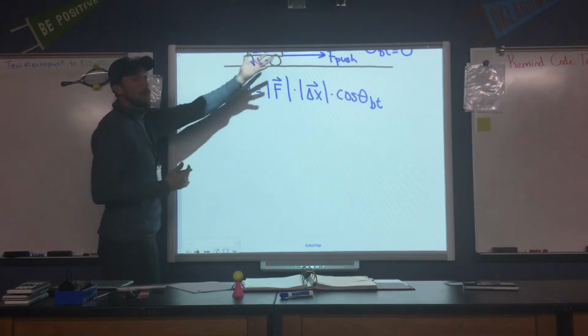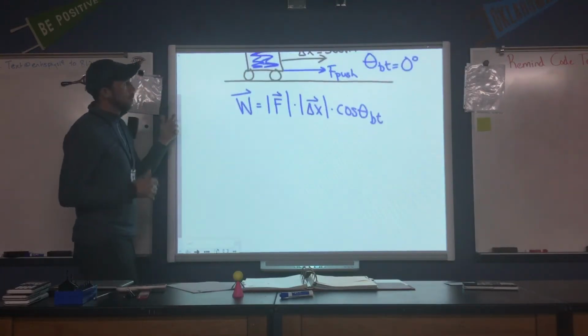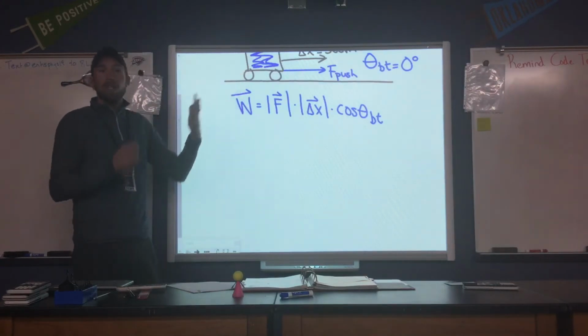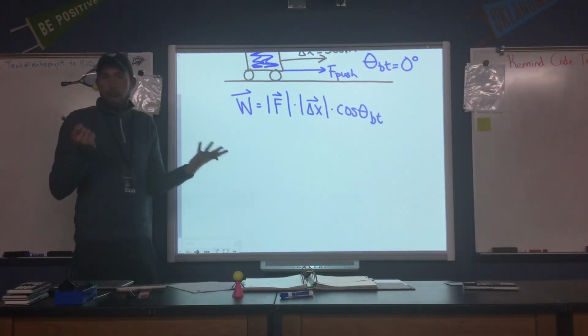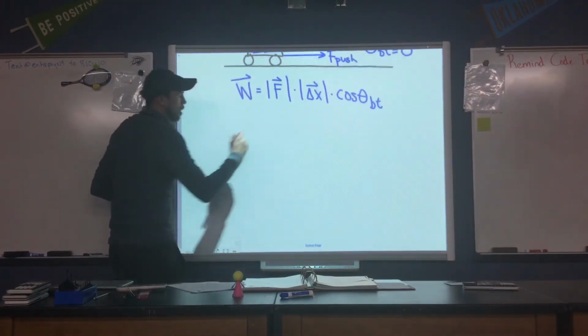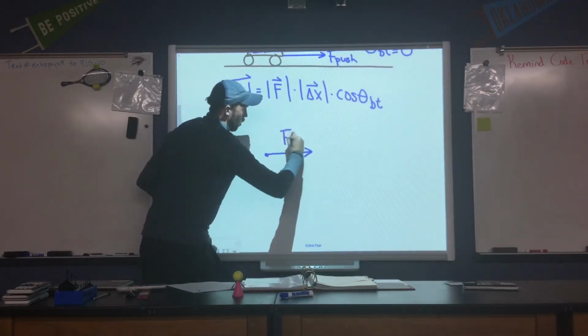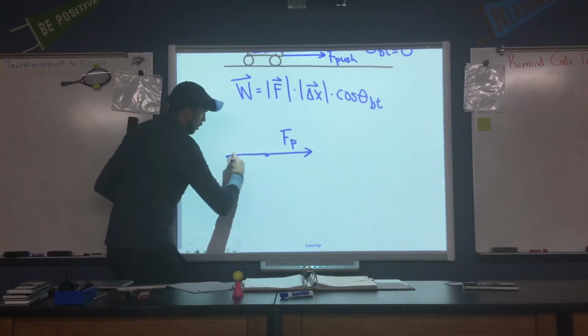Well, in order to find the push force, we would probably have to look at some of the other forces on the cart. We're told that there's a force of friction, so we might need to account for that as well. So here we go. Let's draw a free body diagram to show our push force.